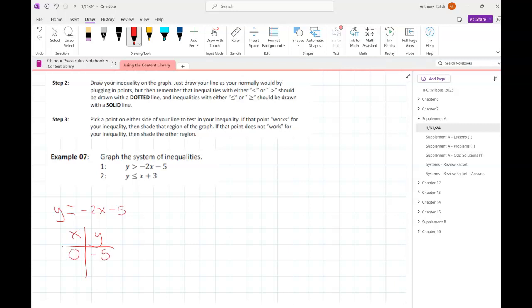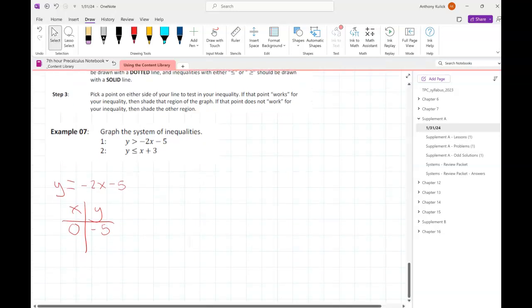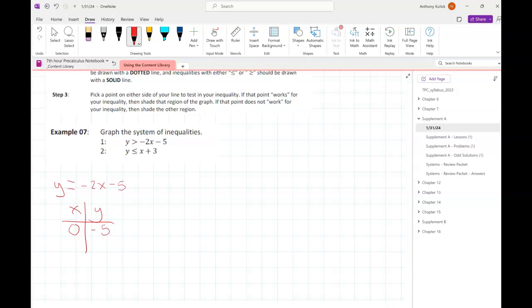I like that one. So I get -5. And then which one do you want to do? I want to do -1. The reason I want to do -1 and not +1, it doesn't really matter. 1 is fine. But if I do 1, I'm going to get -7. That's a lot of tick marks down to get to -7. If I do -1, I'll get -3. I've already drawn the 3 tick marks when I drew the 5 tick marks. I'm going to be lazy and do it that way. You guys cool with that?